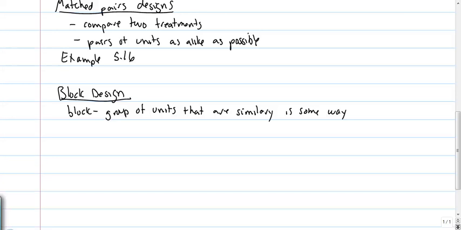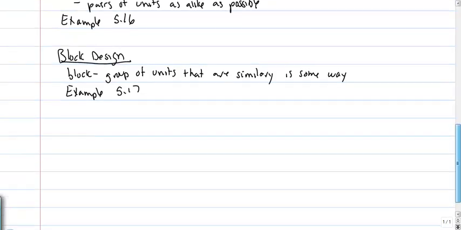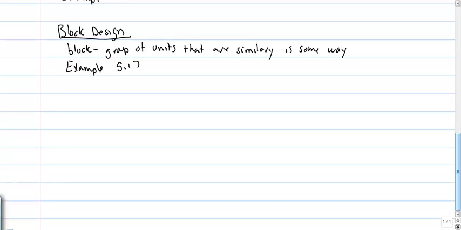Let me show you an example, and the example I'm going to use is example 5.17 on page 302. This is the way we're going to diagram out these block designs. We are going to use a diagram, but it's going to be a little bit different.